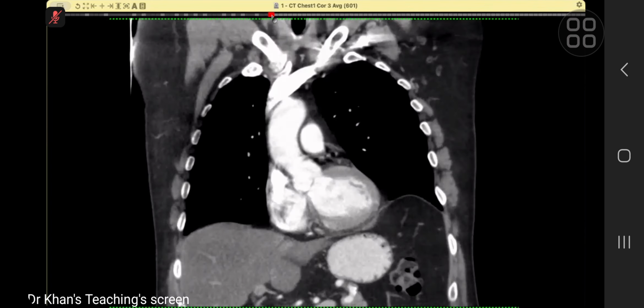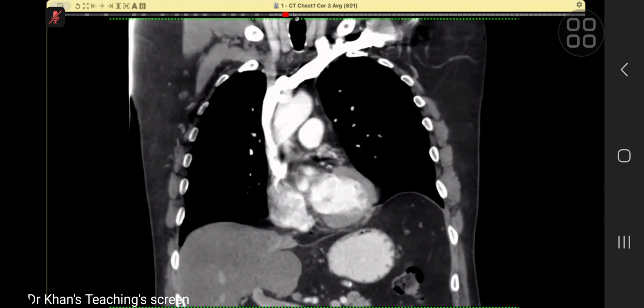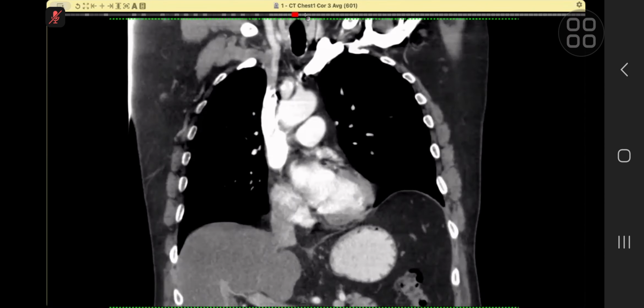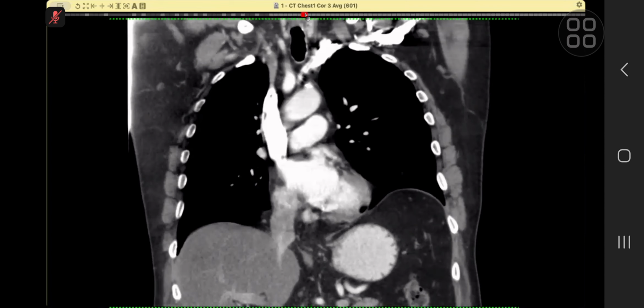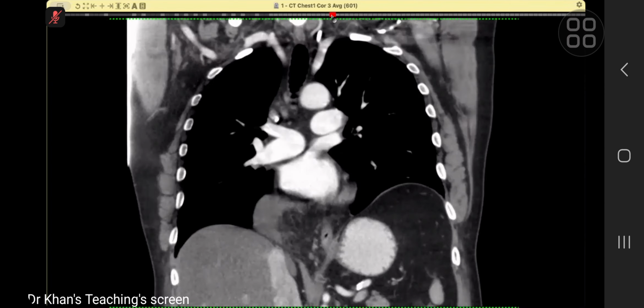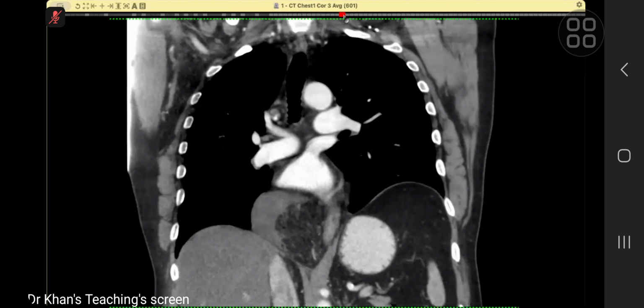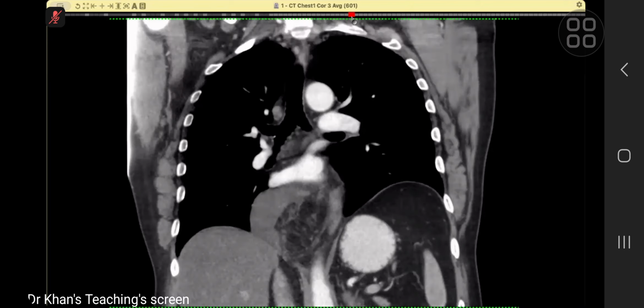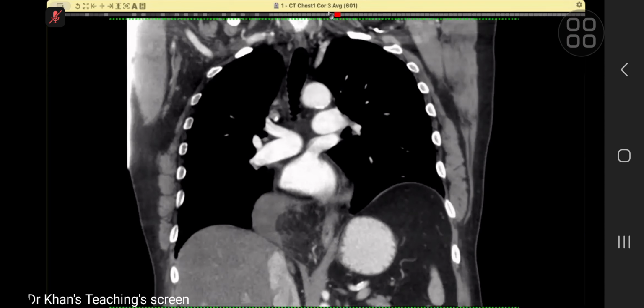It is taking time. Yes, I can see there is herniation of the fat with the soft tissue component.